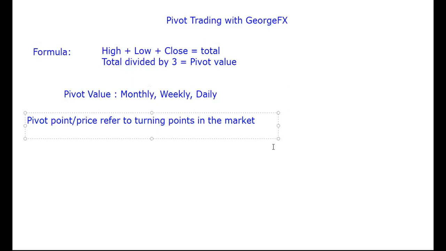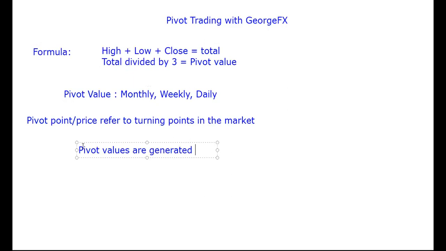Pivot values are generated from candlesticks.